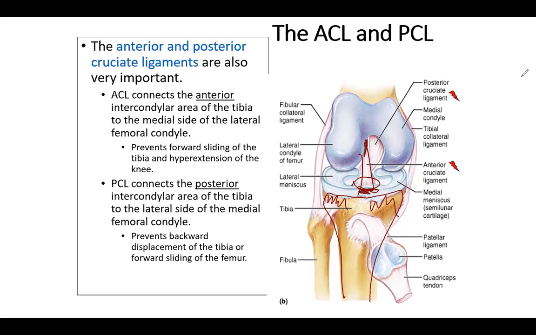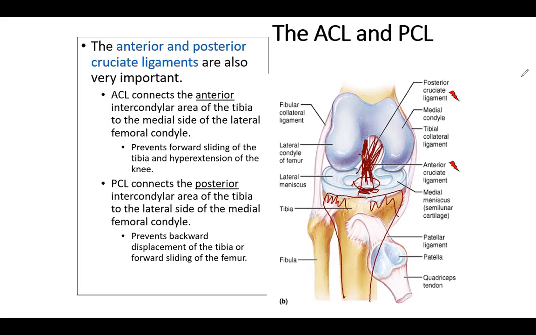So it goes up into this area up in here. This is the ACL right there. It keeps us from sliding the tibia forward and hyperextending the knee. The PCL connects in the back on the posterior intercondylar area and to the lateral side of the medial condyle. So they cross over like this.